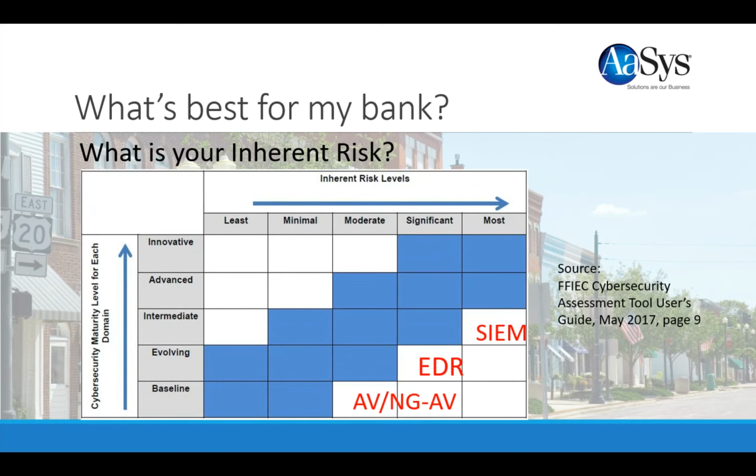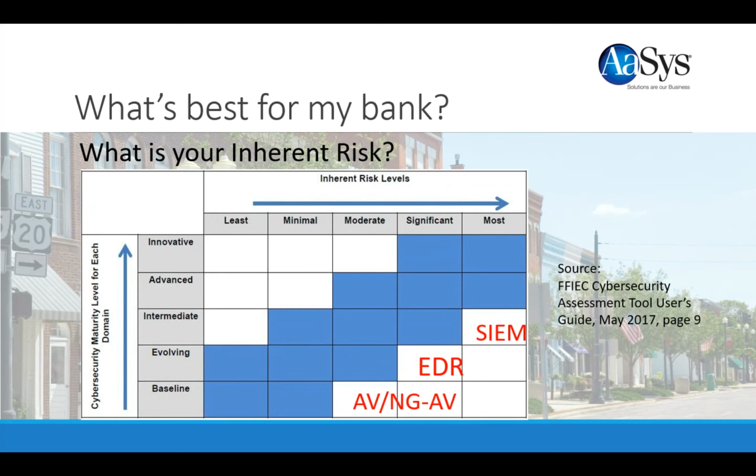Now, the FFIEC really shouldn't be the only consideration. I do want to mention that. The FFIEC Cybersecurity Assessment Tool is becoming dated given the evolution of threats and cybersecurity since the last major revision in 2016. And most banks are looking to continually improve their information security.